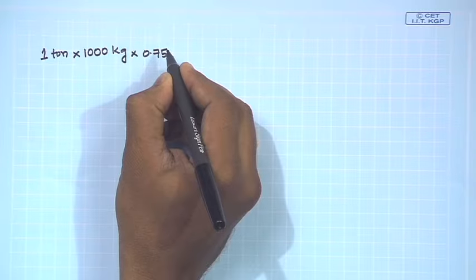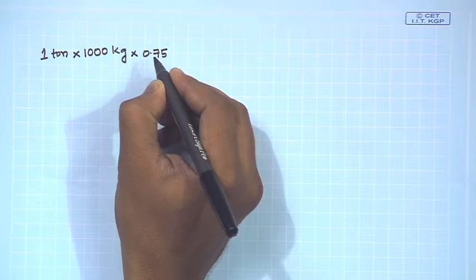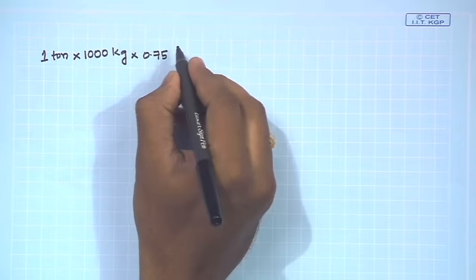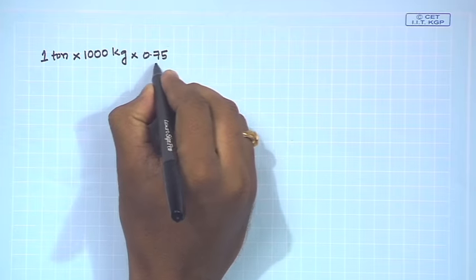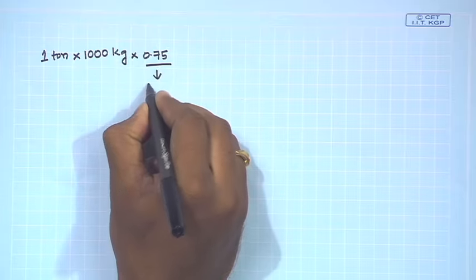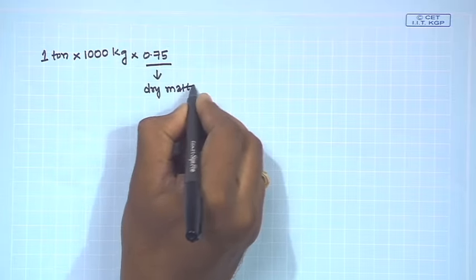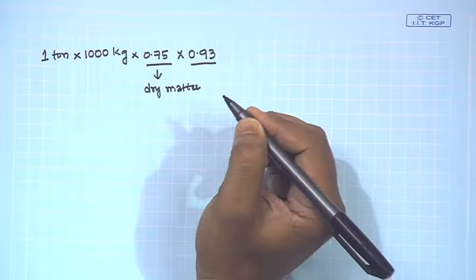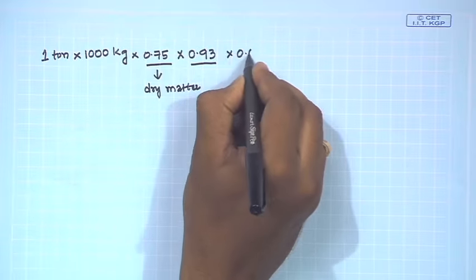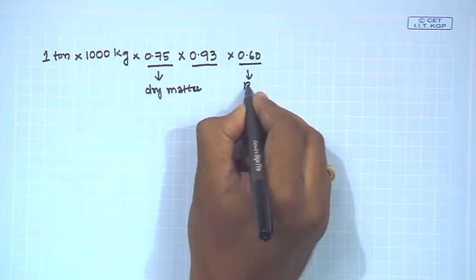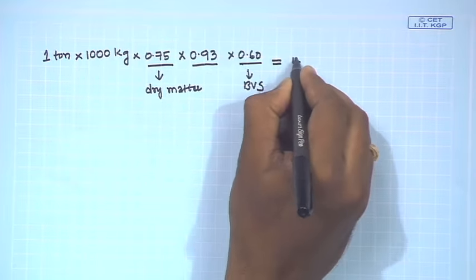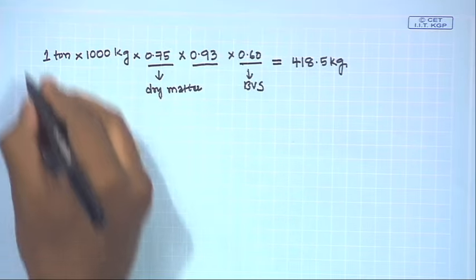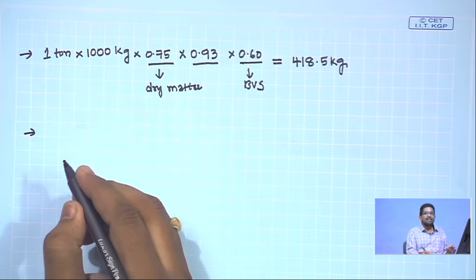We have 25% moisture in the municipal solid waste, so 100 minus 25% is 75%, which is the dry matter content. That is multiplied by 0.93, the volatile solids content, and by 0.60, the BVS fraction. In total it will be 418.5 kg.